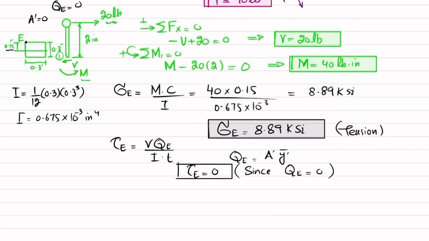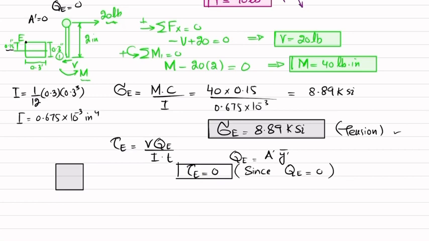So what if I draw the state of stress on the element? Clear? It will be like this. Sigma E is in tension. Clear? So sigma E will be in tension. Okay.